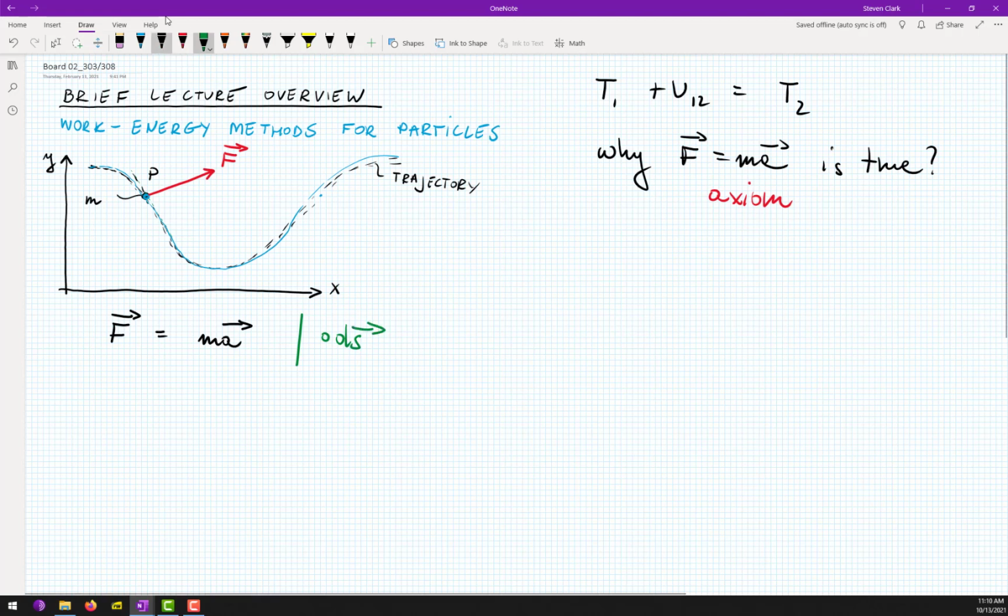So we will end up with F times ds equals m a times ds, right? Let me put ds here. This is ds, the infinitesimal increment in trajectory.